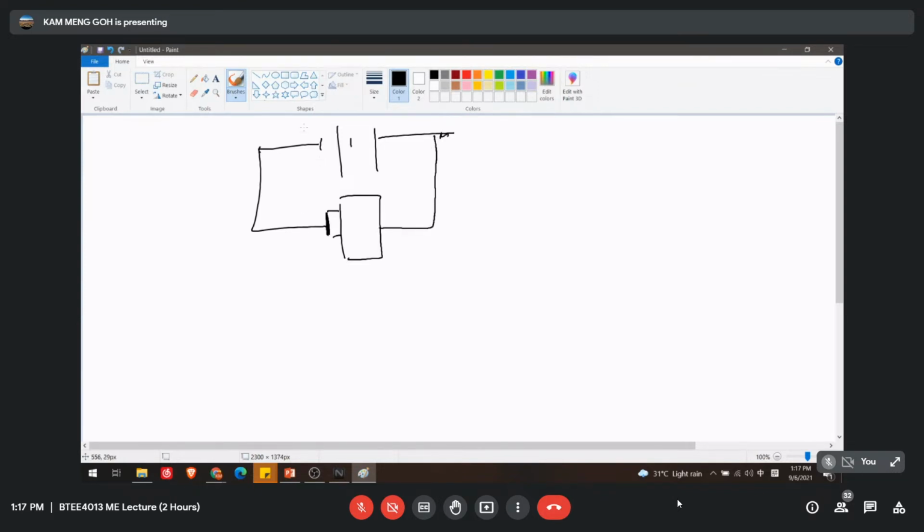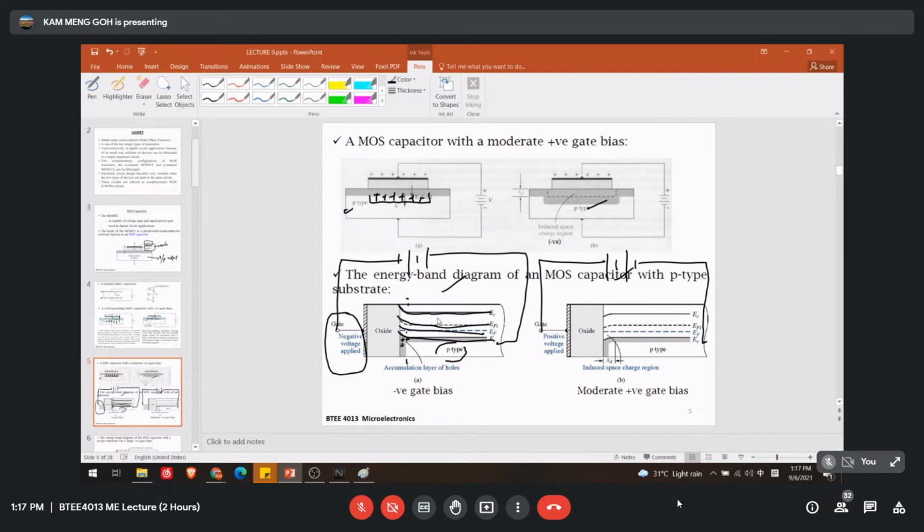Remember just now when we discussed, all the electrons will gather here, and all the positive charge will come in and gather in this region. So for the graph, metal, oxide, and this one is the semiconductor. In this graph, it will look something like this, a down curve.